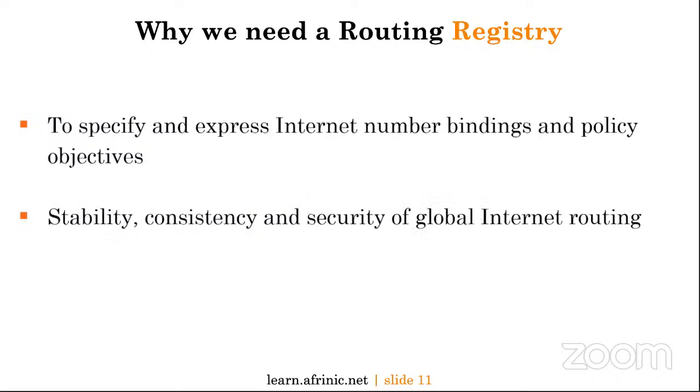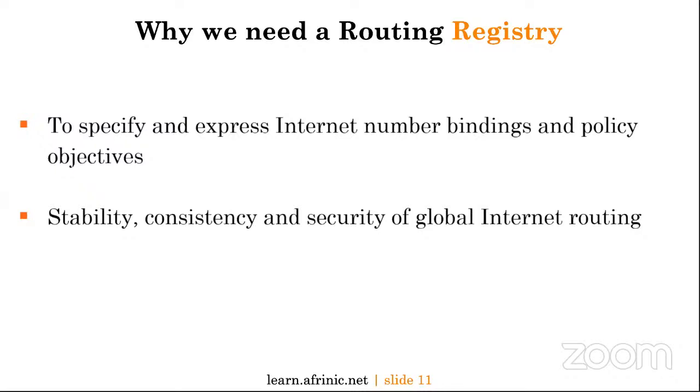Another reason for it is its stability, consistency, and security. So why do we say stability? First of all, our routing registry, like other routing registries in the world, is mirrored. We have daily updates from all the routing registries in the world. It's also secure. For example, at least in the AFRINIC routing registry, only resource holders can create route objects.